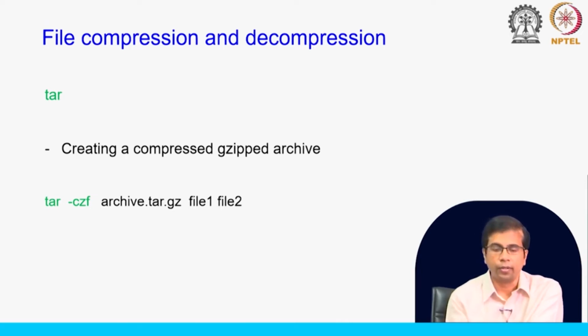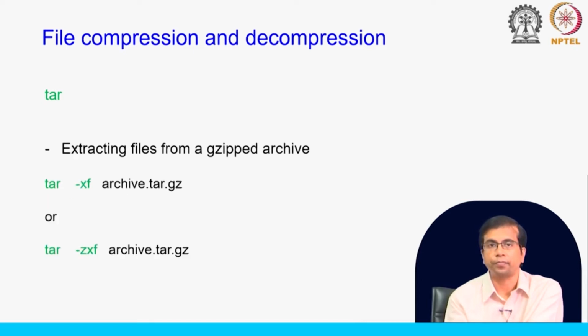This is the command you will use: tar -czf archive.tar.gz. You see these two extensions, .tar.gz. This is gzip compressed, and then the file names that you want to create the archive from.